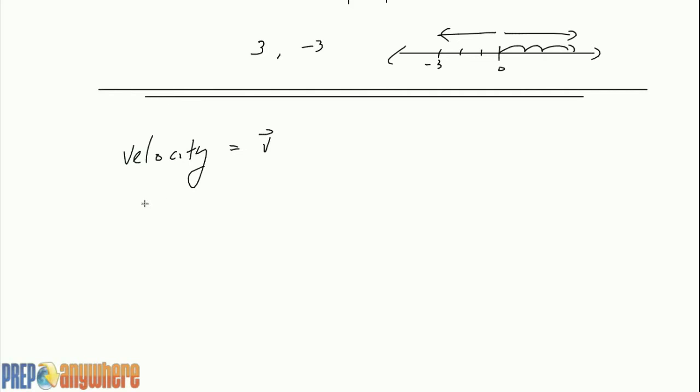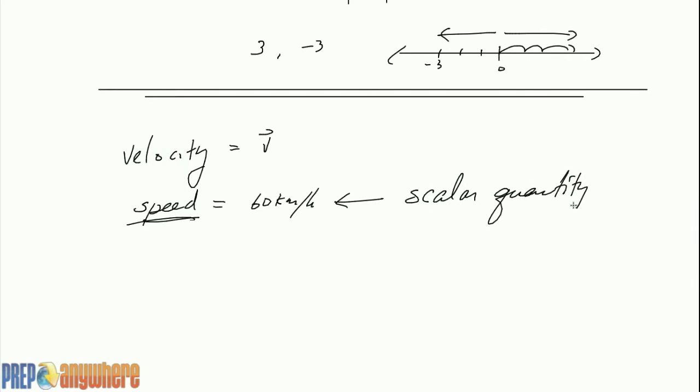Speed. That's right, speed. If you use the word speed, usually you say speed is 60 kilometers per hour, right? You know how fast it's going, but do you know which direction you're going? We call it a scalar quantity. The word scalar is very similar, almost equal, to magnitude.